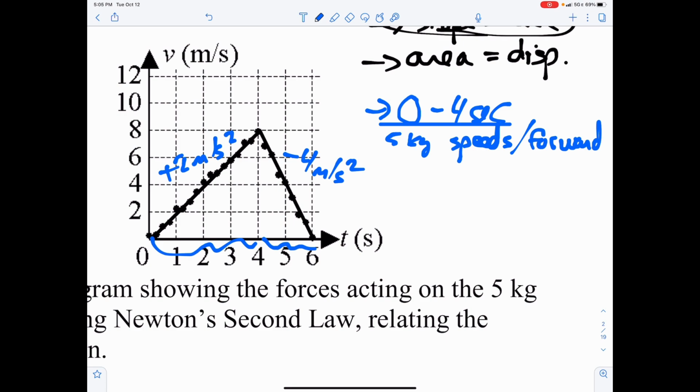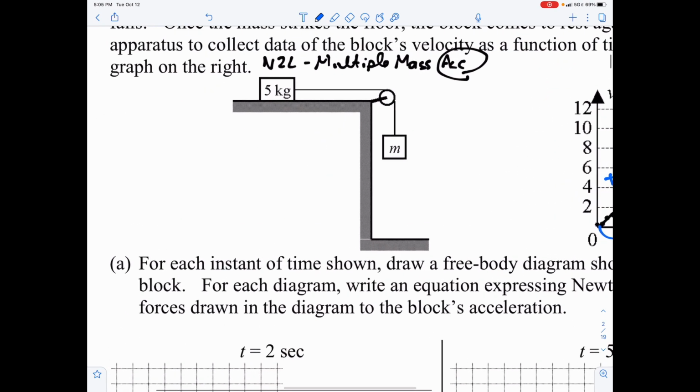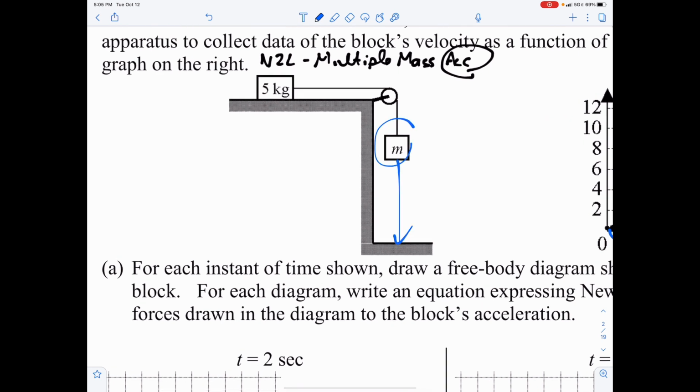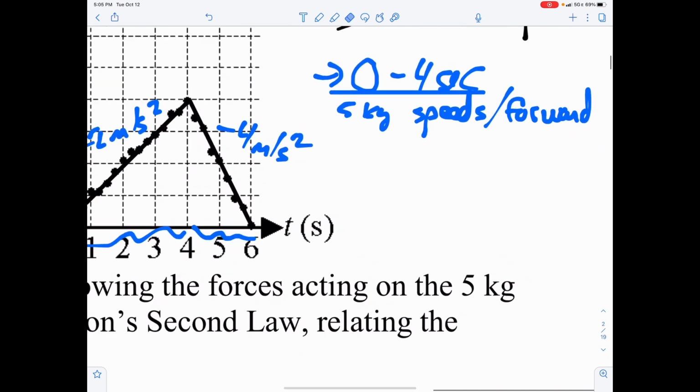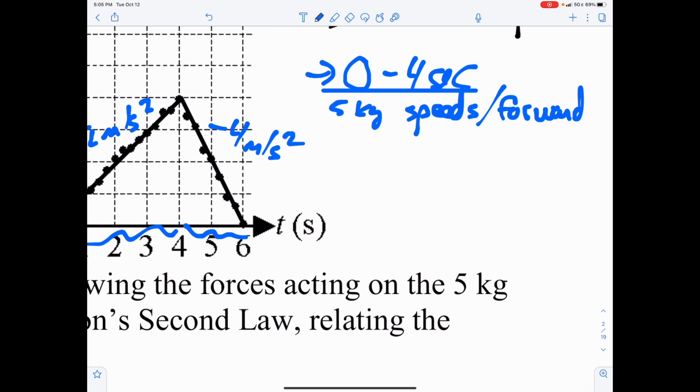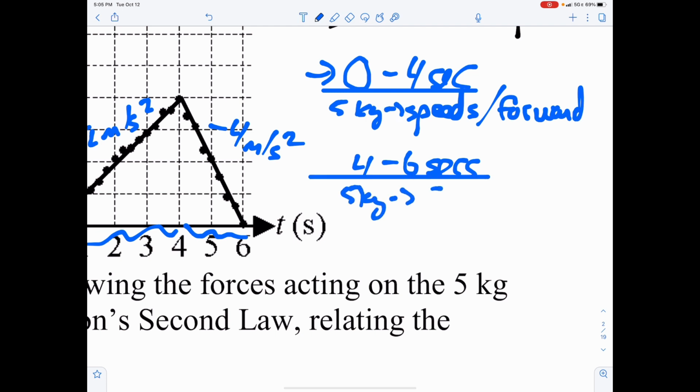But once the second block hits the floor, this block is now further along, and friction is going to slow it to a stop before it reaches the end of the table. So now I know from 4 to 6 seconds, the 5 kilogram block is slowing down going forward.